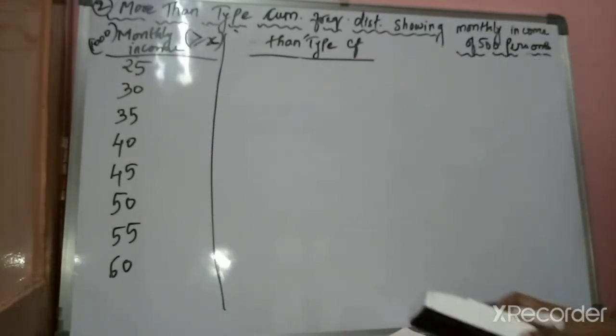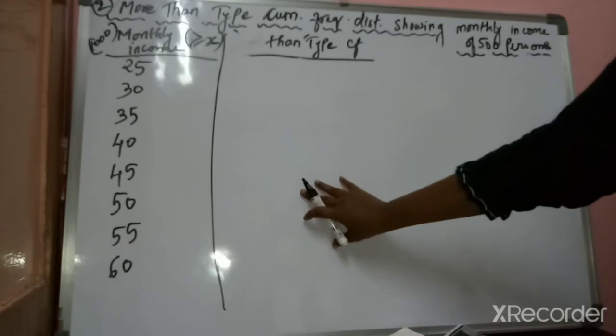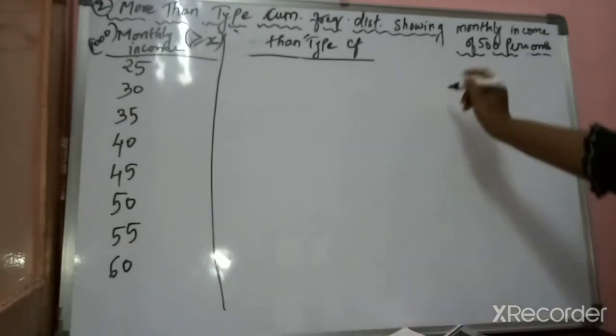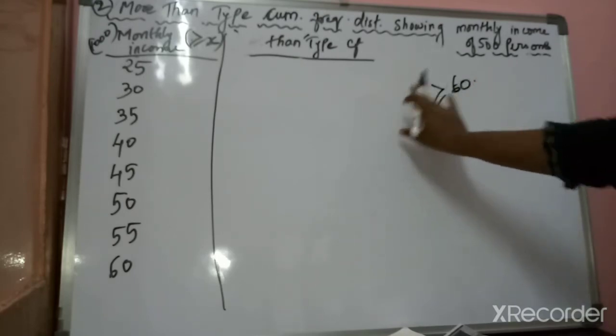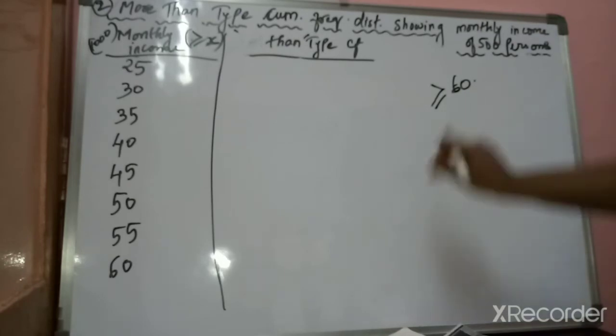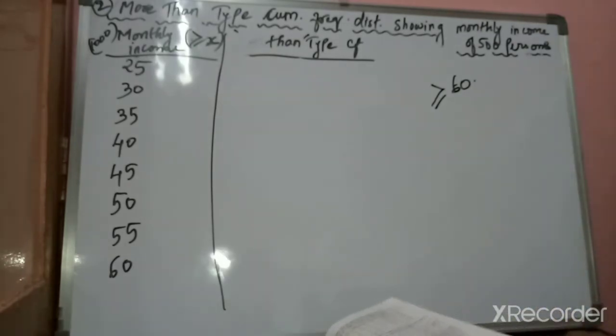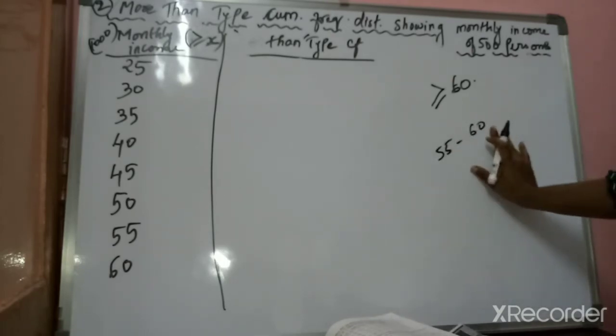35. Now before starting this, you can either move from downwards or you can move from upwards also. See, if I say more than or equal to 60, so more than 60,000 rupees income, no one is there, right? You can just turn your page and look into your textbook. See, the last class is 55 to 60,000. Clear?